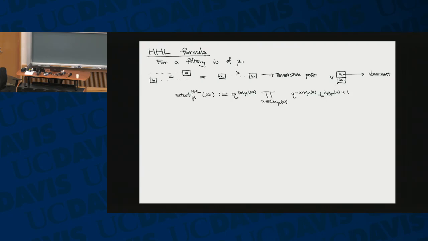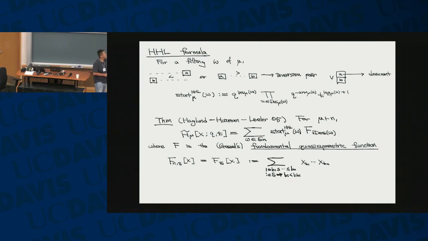This is not a standard notation, but let me define the HHL stat to be Q to the number of inversion pairs times the product of Q to the minus arm, T to the leg plus 1 over all descents. And the celebrated Haglund-Haiman-Loehr formula states that the Macdonald polynomial is just a generating function of the HHL stat times F of the inverse descent set, where F is Gessel's fundamental quasi-symmetric function defined in this fashion.